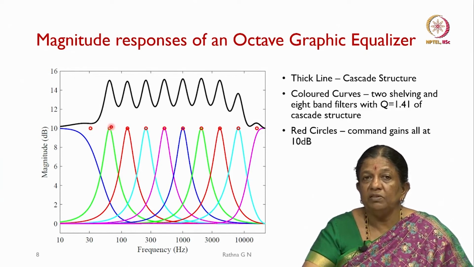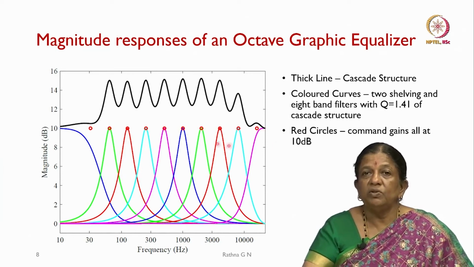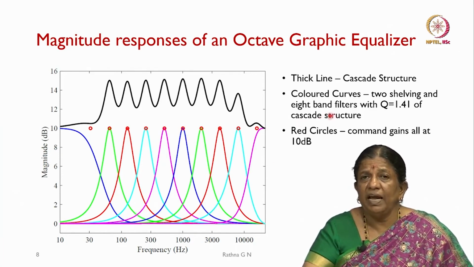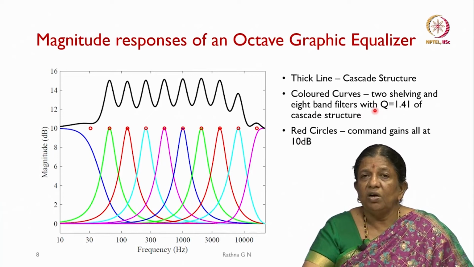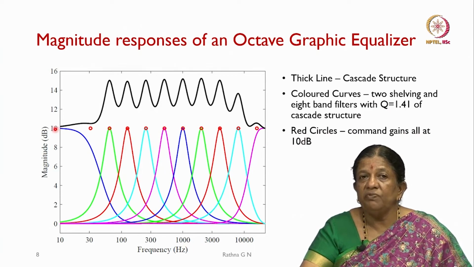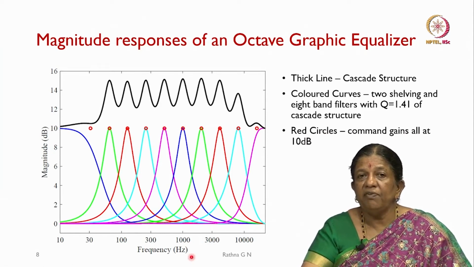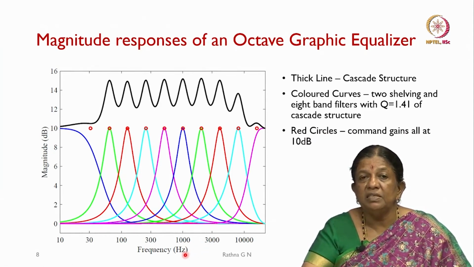So we have 1, 2, 3, 4, 5, 6, 7, 8, 9 and then 10. This shows the 8 band filters with Q equal to 1.41 of the cascade structure. The red circles are the command gains, all at 10 dB, as we can see.